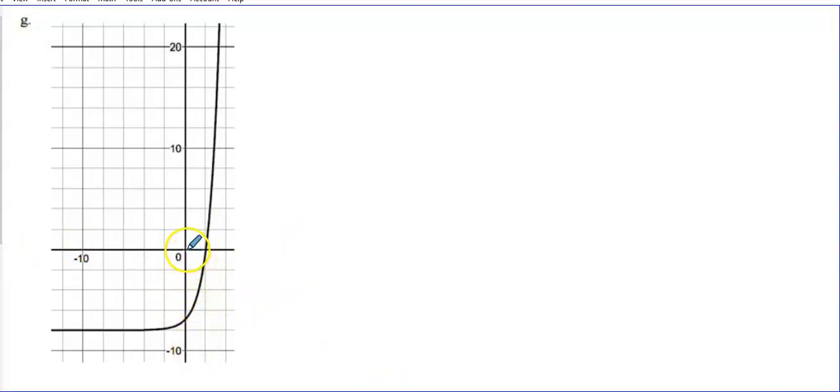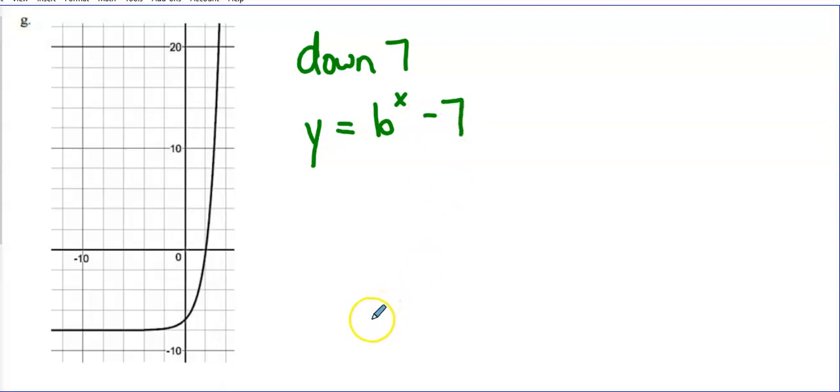So, but because we're counting by 2s, 2, 4, 6, it's about 7. So we're just going to say that it's been moved down 7. So there's no left and right movement. There's no compression or anything like that, stretch or anything like that. So our transformed function is going to be y equals b to the x power minus 7.